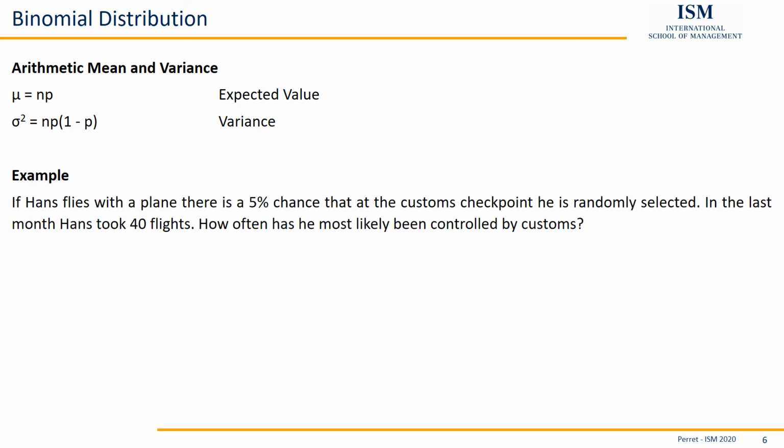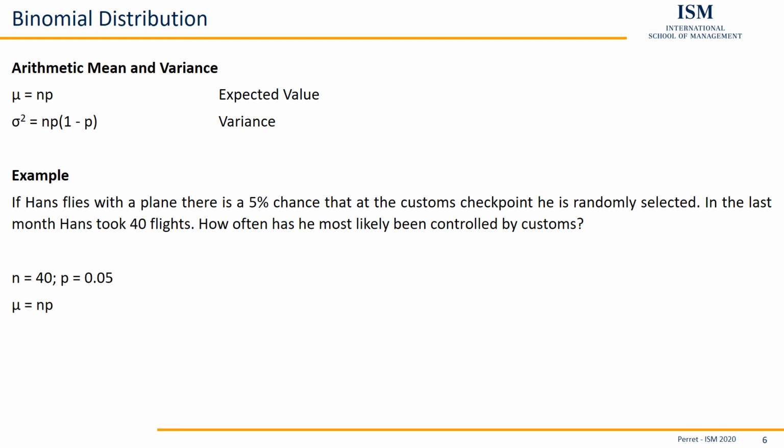With the example we have here, if Hans flies a plane, 5% chance of a customs checkpoint, and so on. In the last month, Hans took 40 flights. How often has he most likely been controlled by customs? Most likely is usually an indicator for expected value. So here we just take the sample size, 40 flights, and multiply this with the probability, 5%.